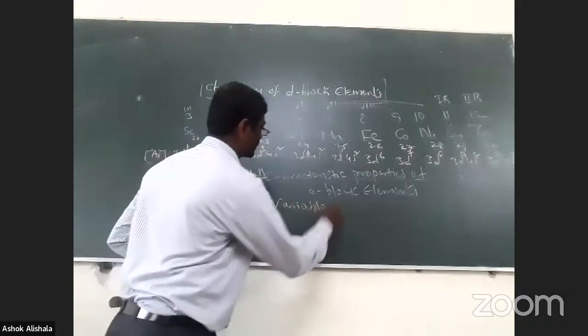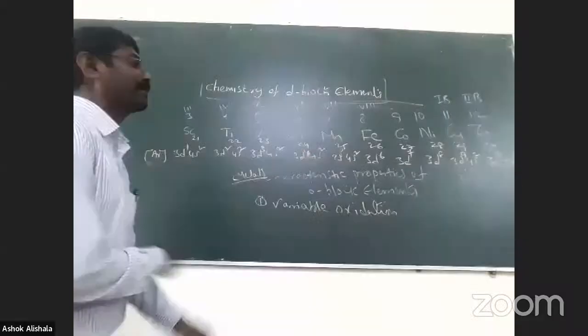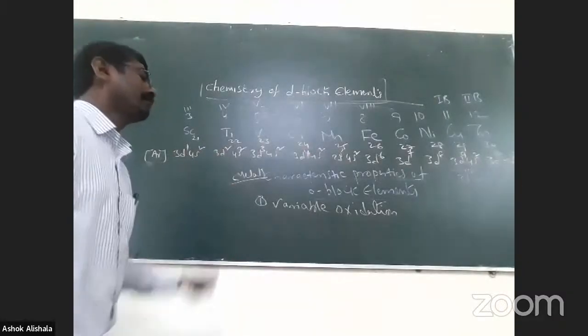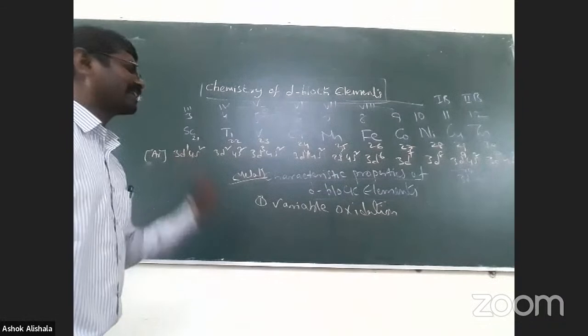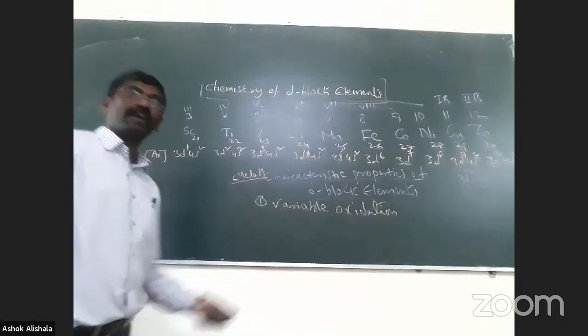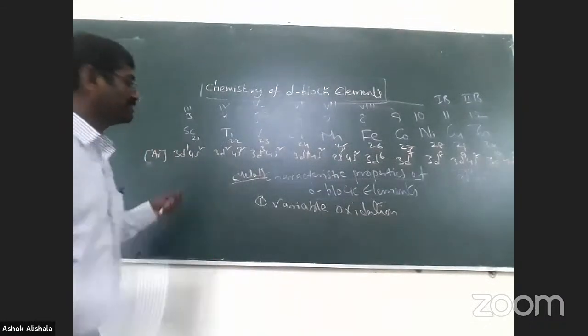What are the characteristic properties? Boiling point and melting point, sir. Okay, those are general for any metal; any metal has a melting point and boiling point. Any metal will have luster. Any metal will have some density.